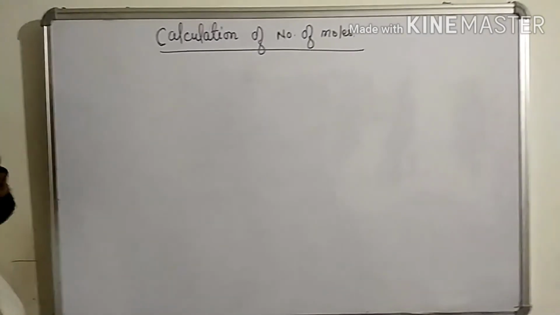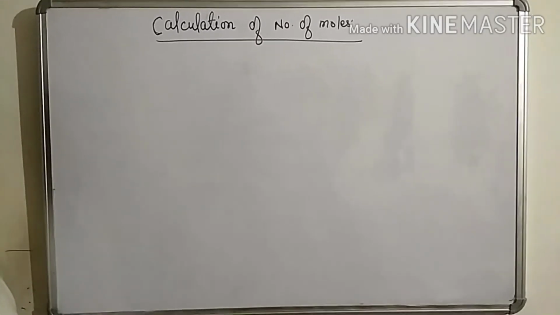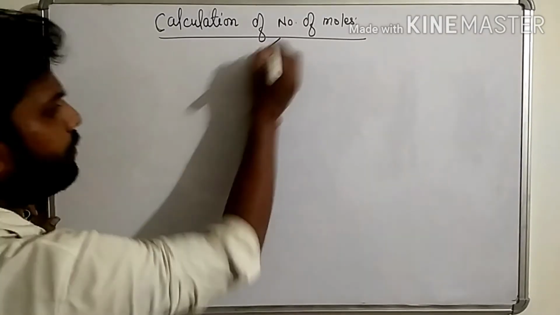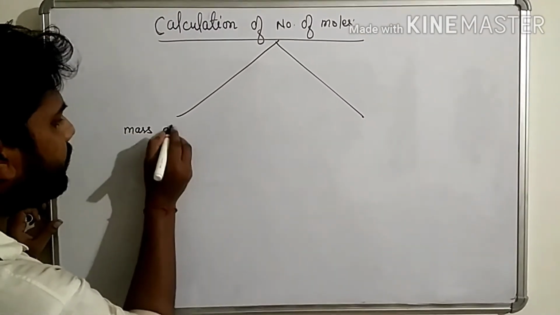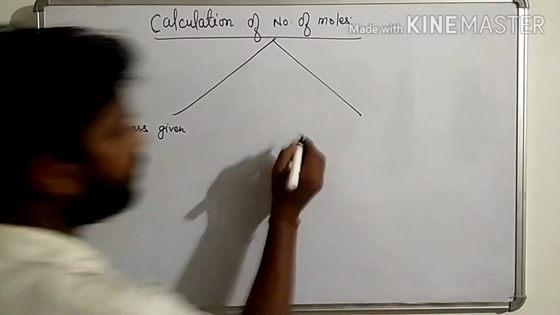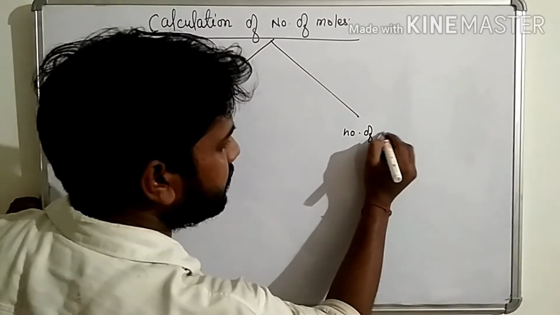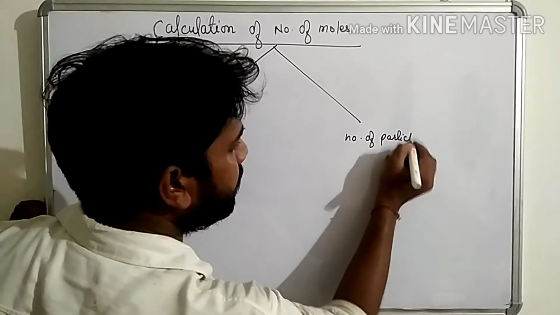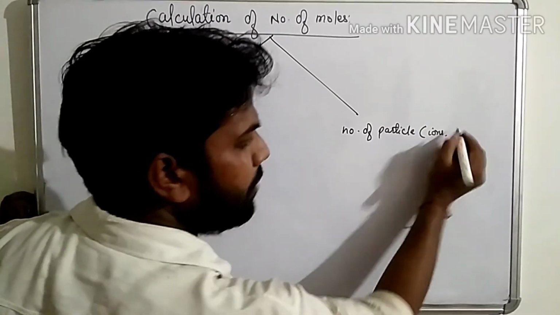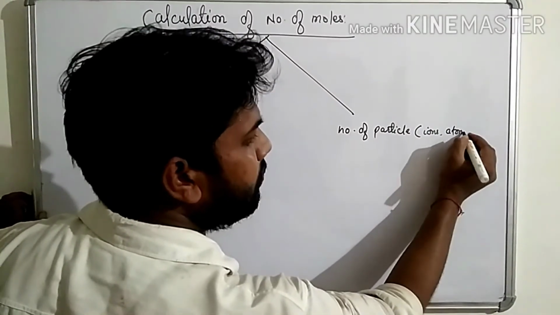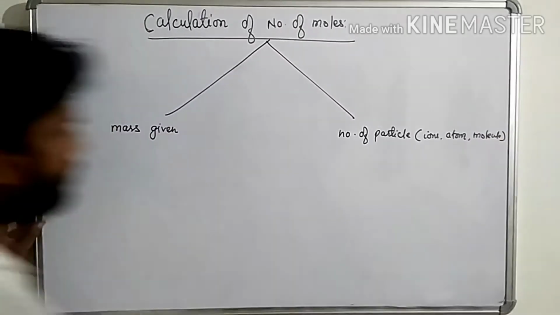Students, the number of moles can be calculated by two methods. First, mass given, or number of particles, like ions, atoms, molecules.